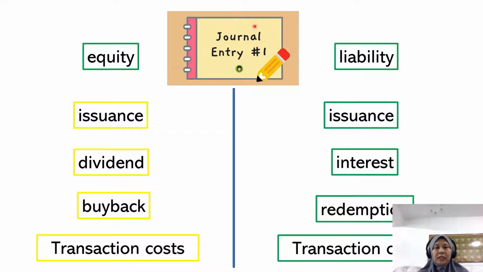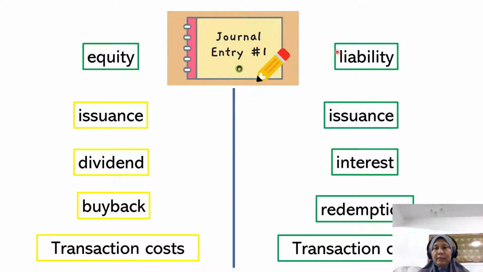In terms of journal entry, when we did chapter 2 on the equity instruments, we did the journal entry recording for the issuance, for the dividend declared and paid, for the buyback, as well as the transaction costs, for example brokerage fees.